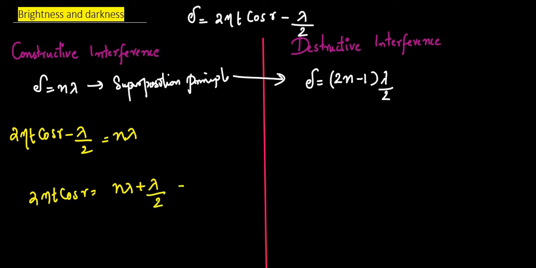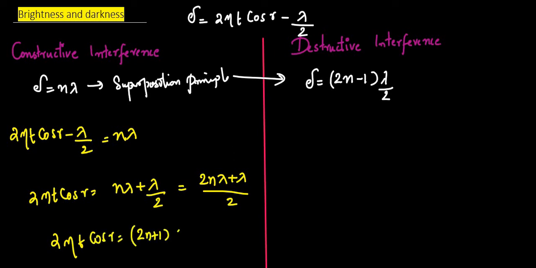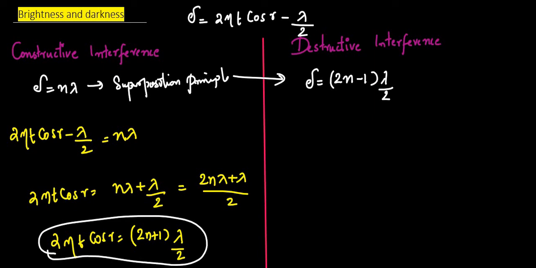Cross multiplying, we get 2n lambda plus lambda whole divided by 2, or 2 mu t cos r equal to 2n plus 1 lambda by 2. This is the condition for constructive interference for a thin film.